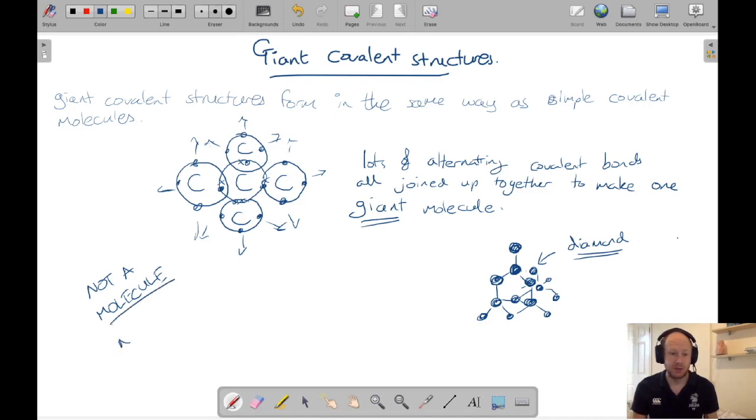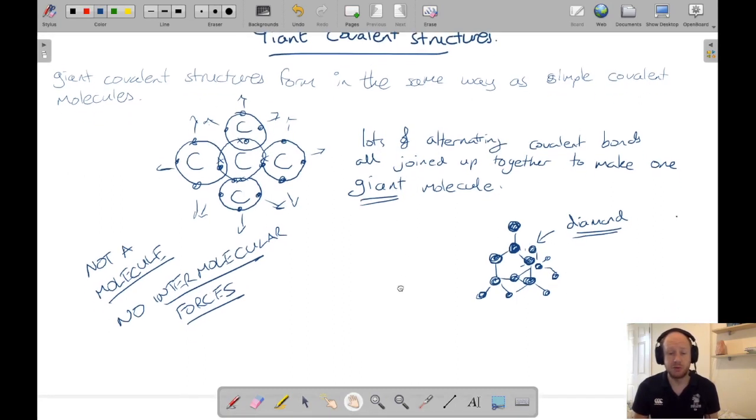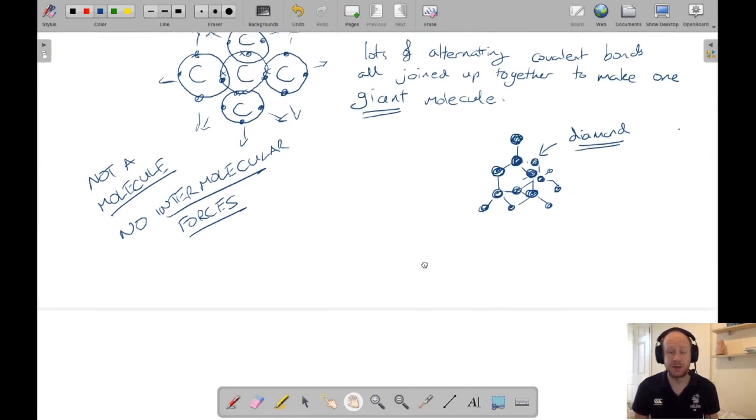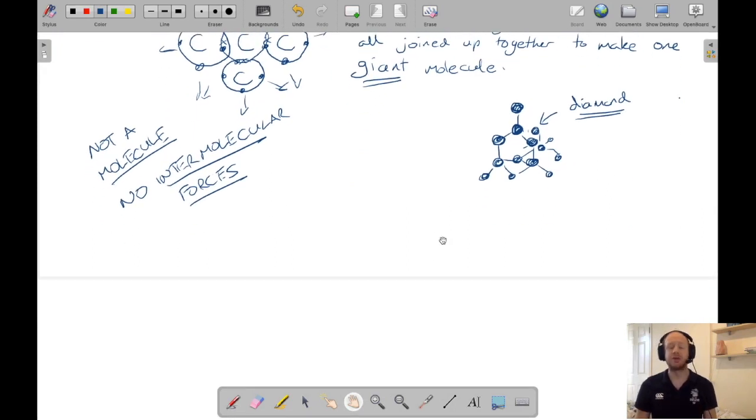Not a molecule, so no intermolecular forces. So in these giant structures, there are no intermolecular forces. So please do not write intermolecular forces in your questions about giant covalent structures, because a giant covalent lattice is not a molecule, so you do not have intermolecular forces.